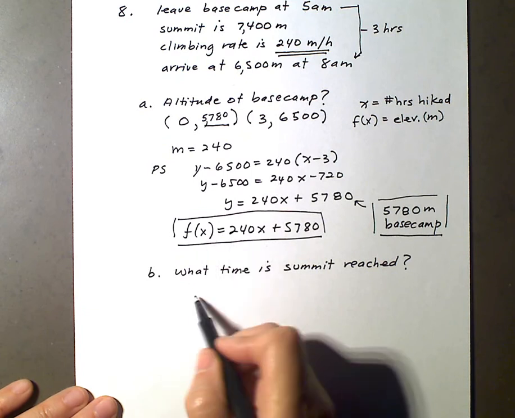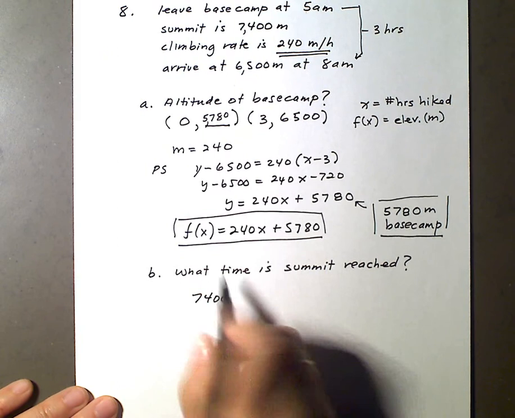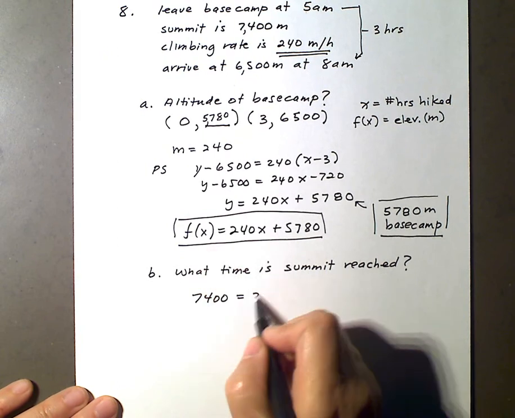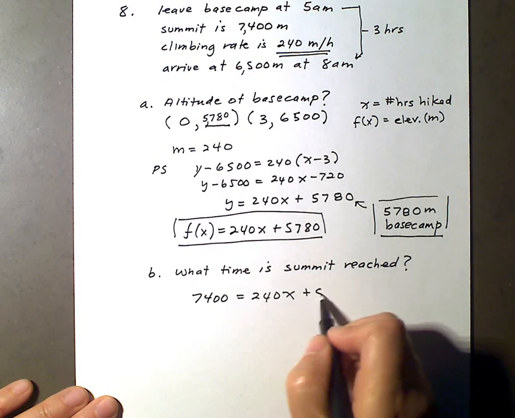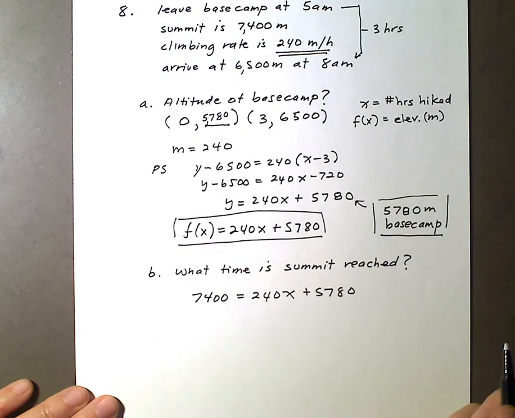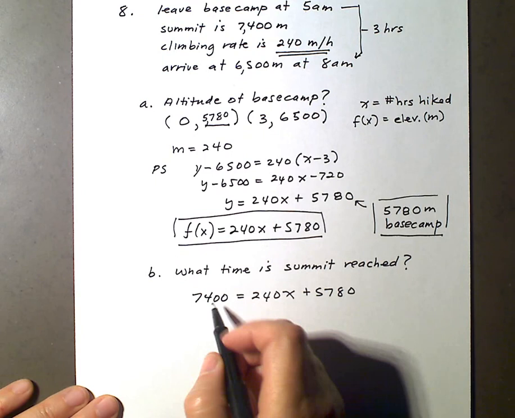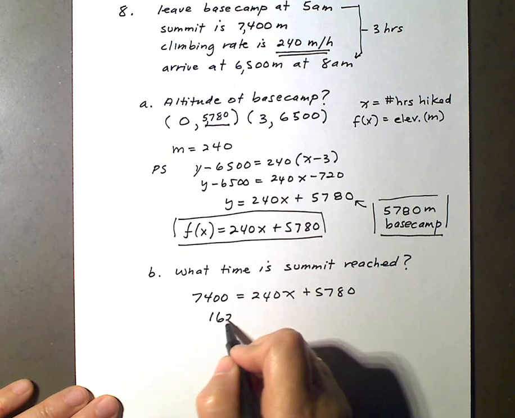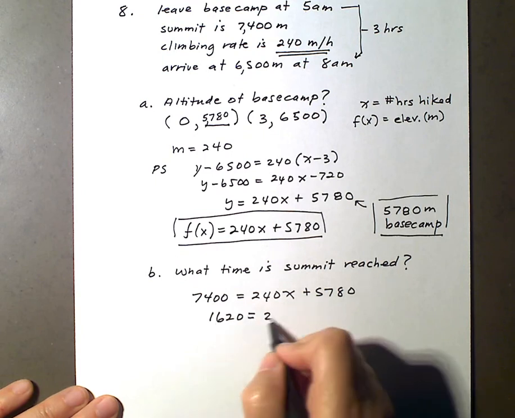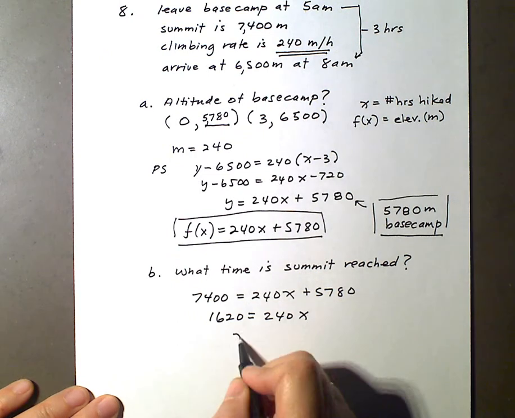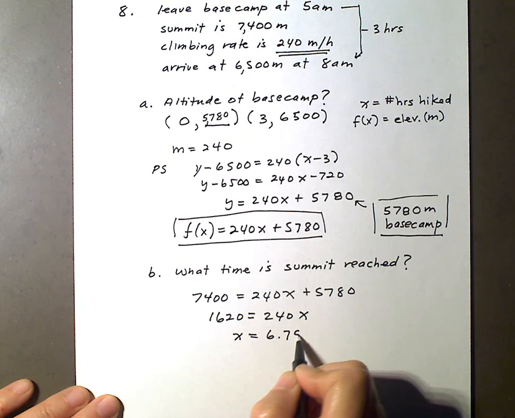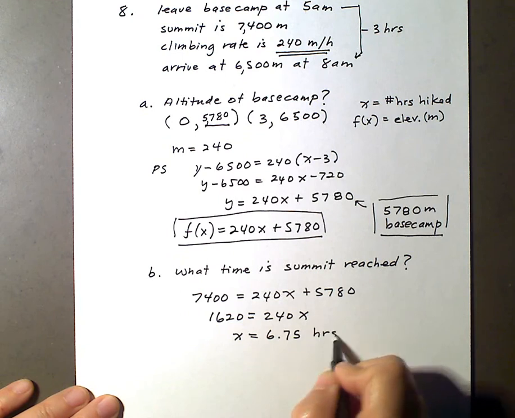So I plug in 7,400 for y, equal to 240 meters per hour for some number of hours I need to find, plus 5,780 meters. If I subtract 5,780, I get 1,620 meters equals 240 times the number of hours, and solving for x, x equals 6.75, or 6 3/4 hours.